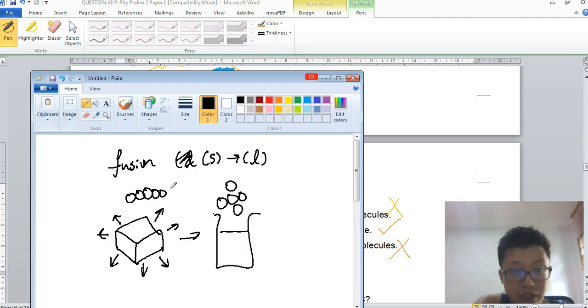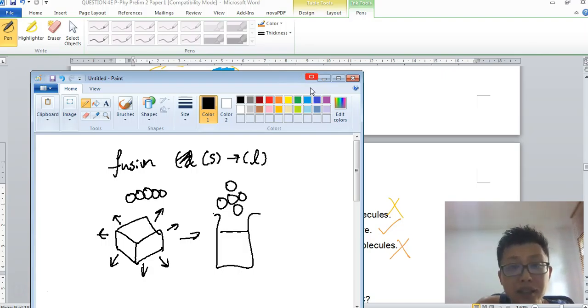So, strictly speaking, your latent heat of fusion, the energy required to turn solid into liquid, will be used to weaken the intermolecular bonds, plus to work against the atmospheric pressure which is pressing onto the solid. So therefore, your answer is C.